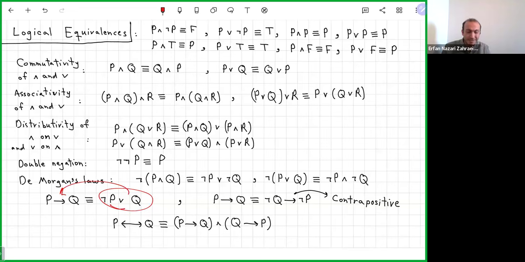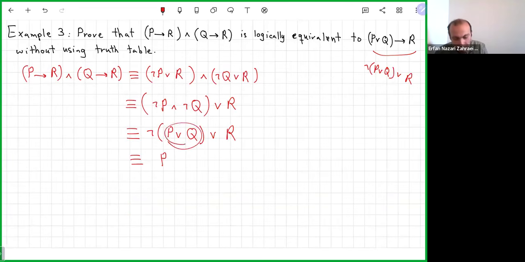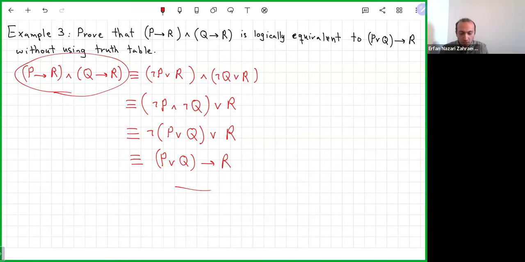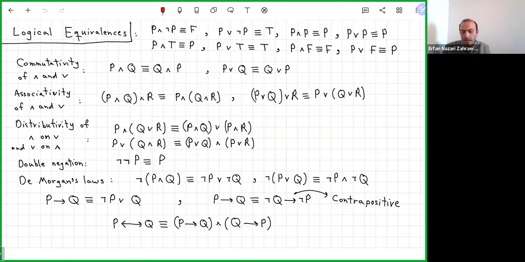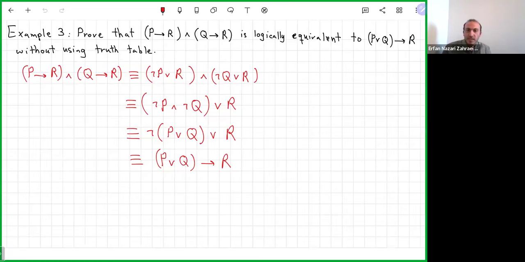I use that it's equivalent to the other one. So it's basically this implies this. P or Q implies R. And that's exactly the statement that I wanted to prove. I wanted to prove that this is logically equivalent to this, and this is the proof of it without using any truth table and using these basic properties as my steps.